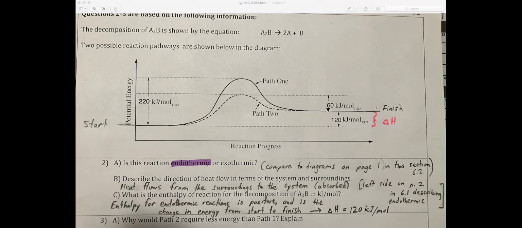Notice that the end line is higher than the start line, which means it gained energy. When something gains energy like that, it's endothermic. The prefix actually helps here. We don't really use the prefix endo in everyday life, but we do use exo, like outside.